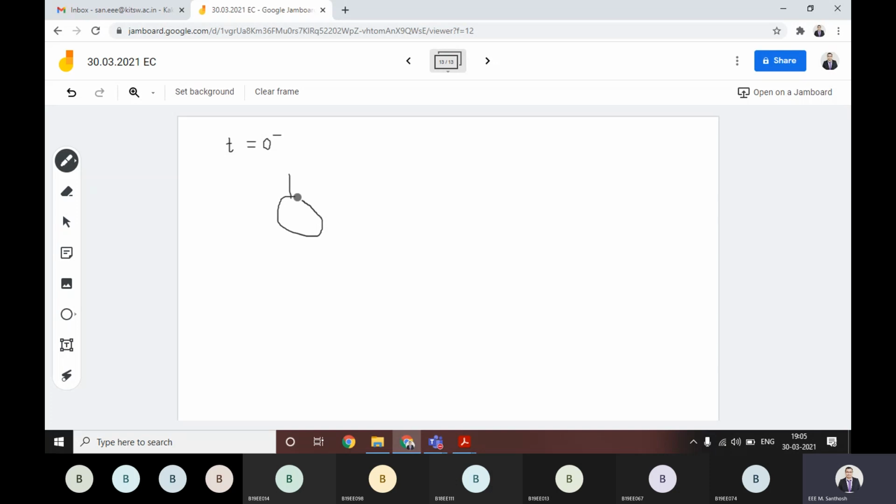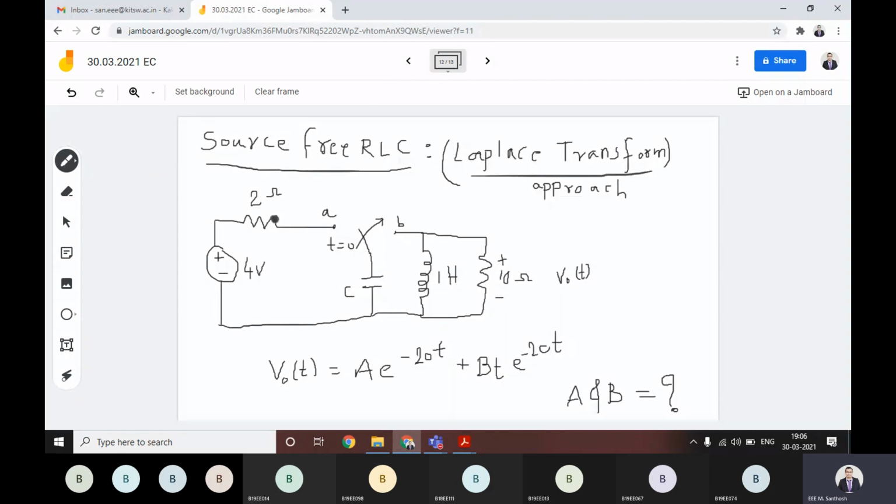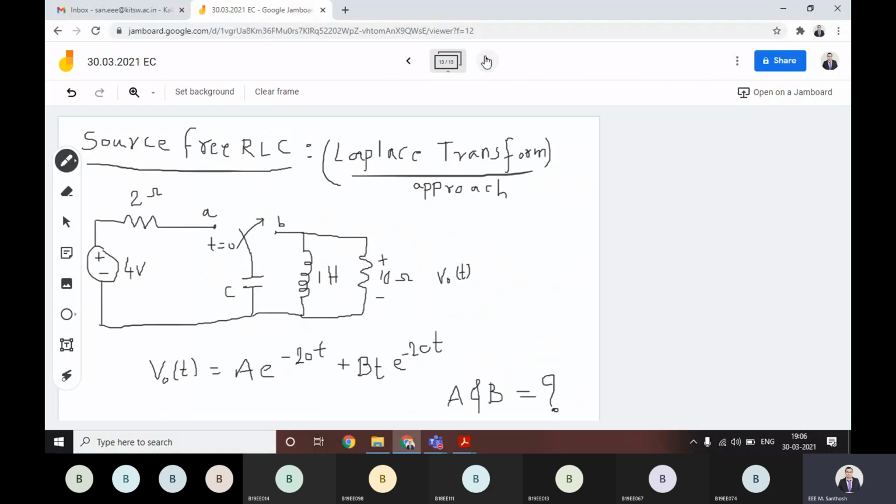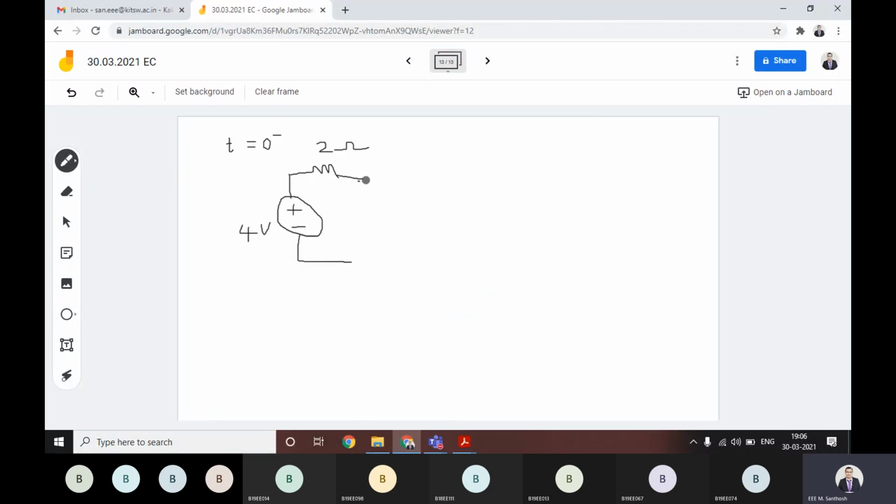There is a voltage source that is equal to 4 volts, and there is a resistor that is equal to 2 ohm. This is 4 volts. This one is open circuit. Simply you connect open circuit. The capacitor is acting like an open circuit at 0 minus.